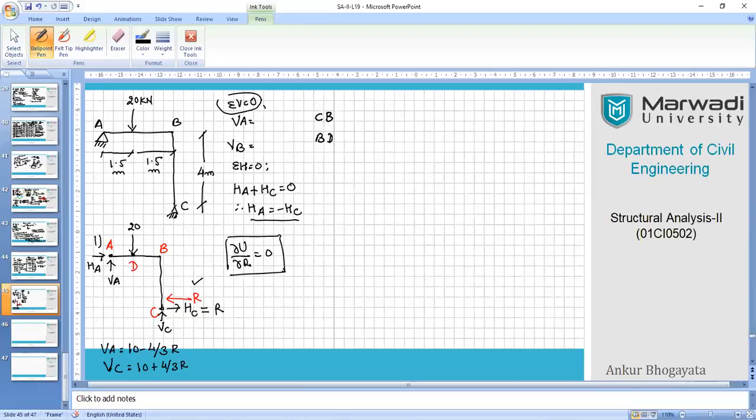So now, my friends, we'll go with another segment, that is AD, and we'll note down the origin also. Like for the CB member, we have origin at C. For BD, we have origin at B, but for AD, we have origin at A. This will significantly reduce your unnecessary efforts in managing the long equations of the generalized moment equation.